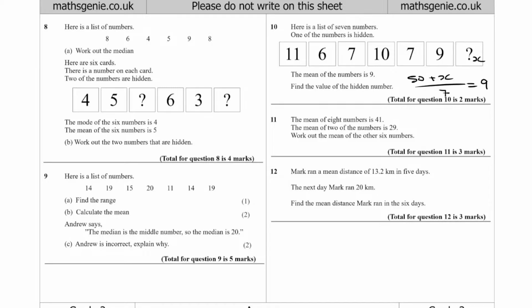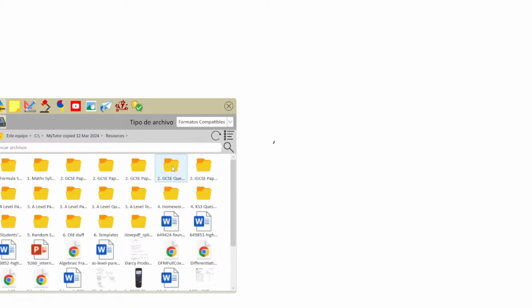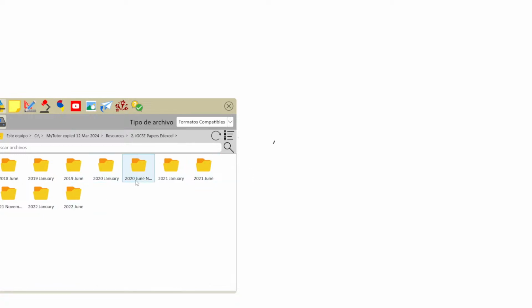Okay, yeah, perfect. Right, let me get this. I'm going to paste it. Might just have to upload it. GCSE, let's just go through this way.